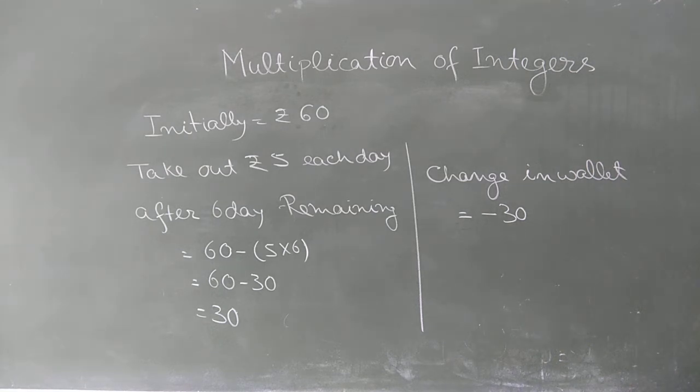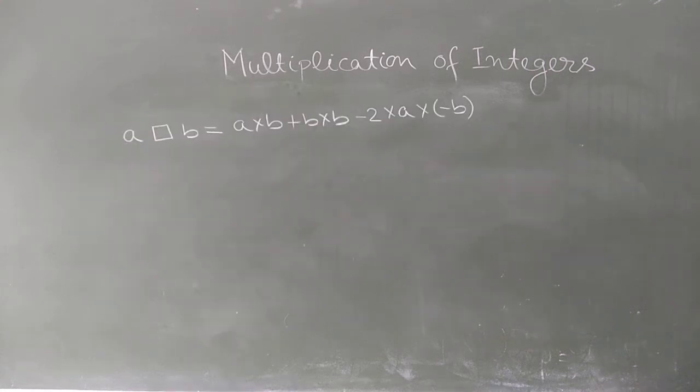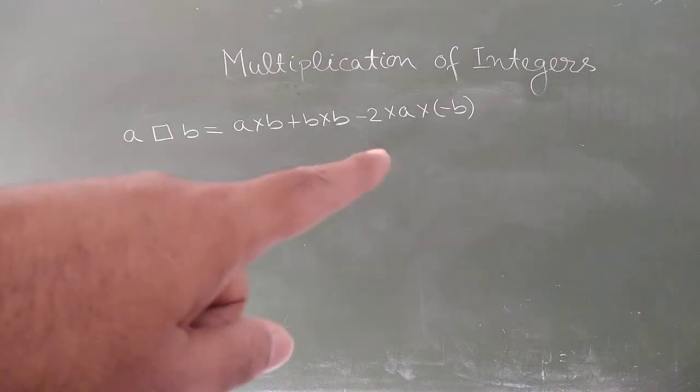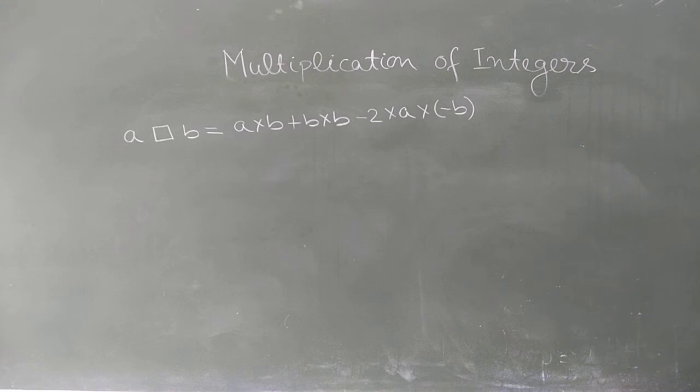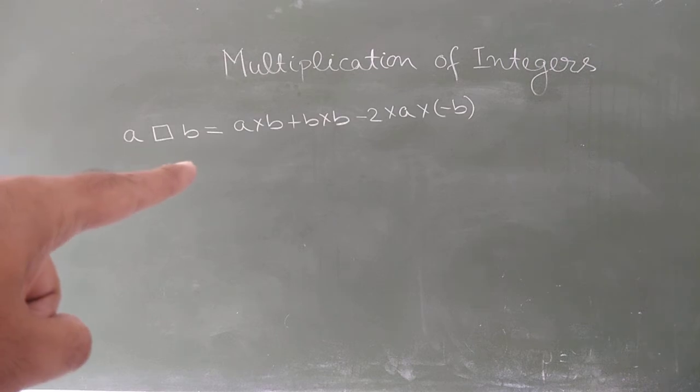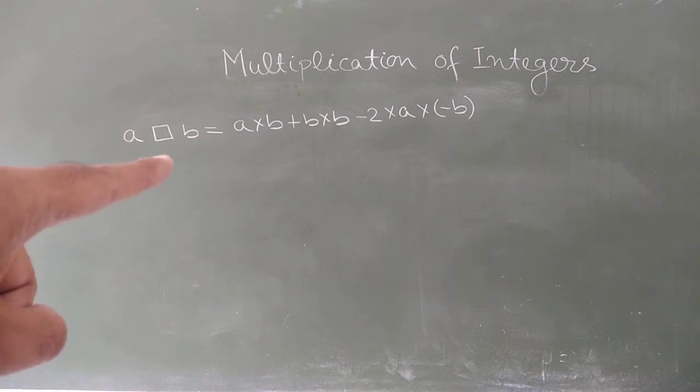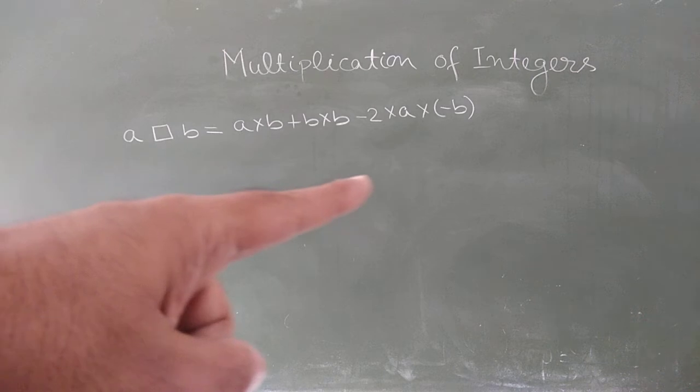Now today's last question, a figure based question. This question says that this is a type of operation where we have a box: A box B equals this one.